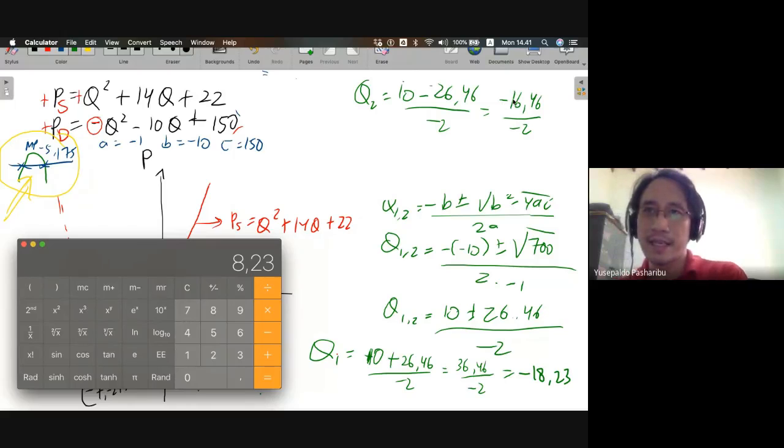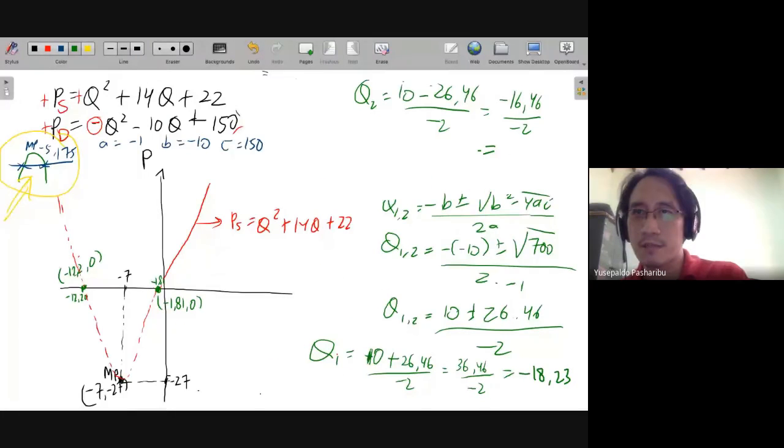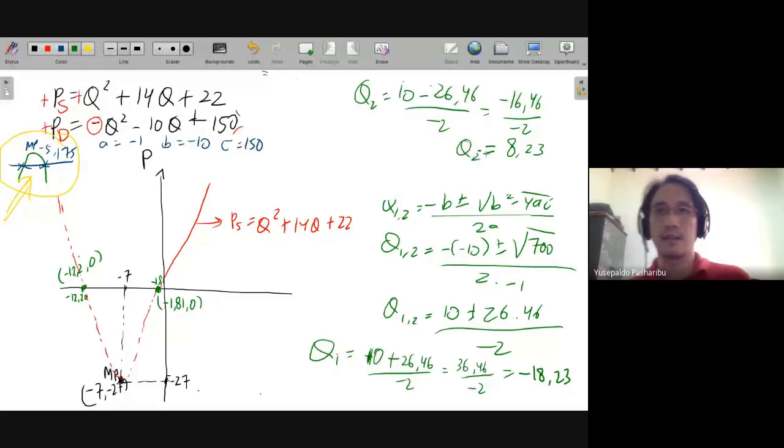Minus divided by minus will be plus 8.23. This is Q number 2.